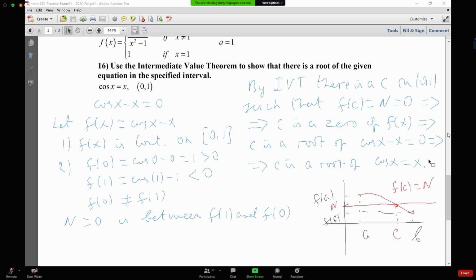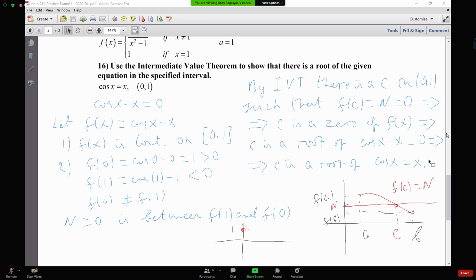But in our case, because they are opposite signs, I can choose n equal to 0. See, if it's 0, it's positive, it's 1. If it's 1, it's negative, so that means at some point it should cross the x-axis. So in our case, if it's 0, it's 1.